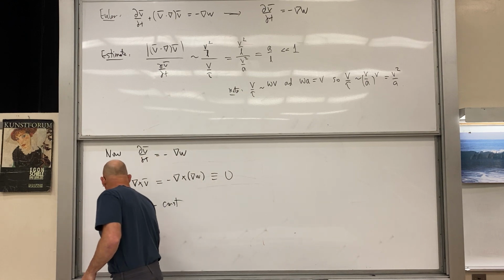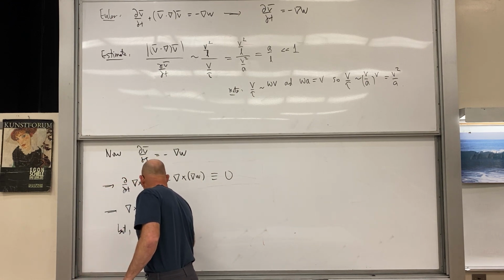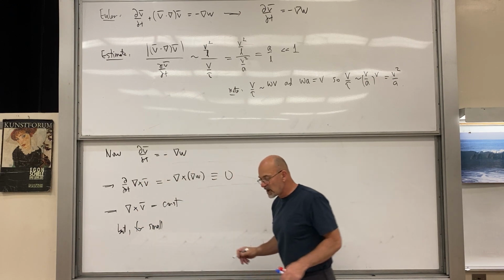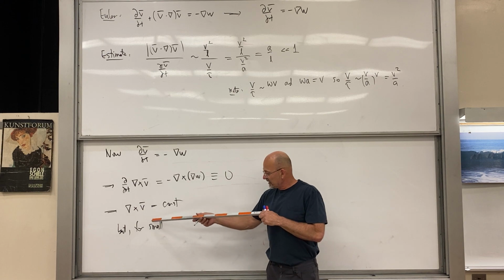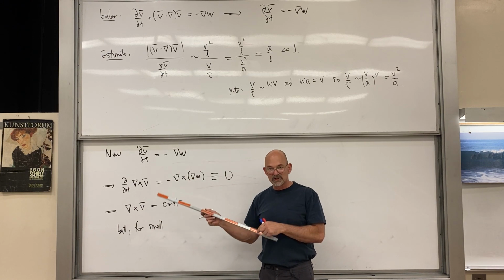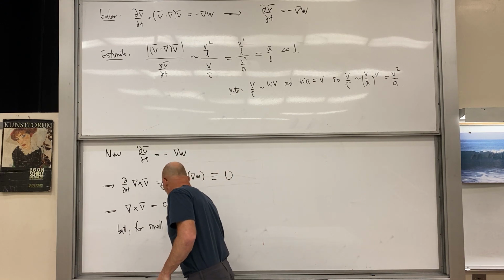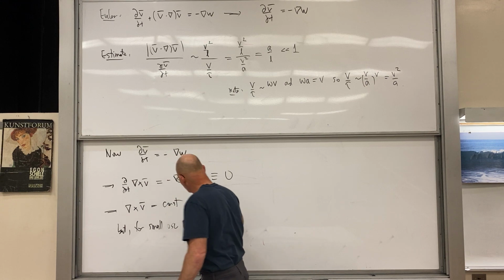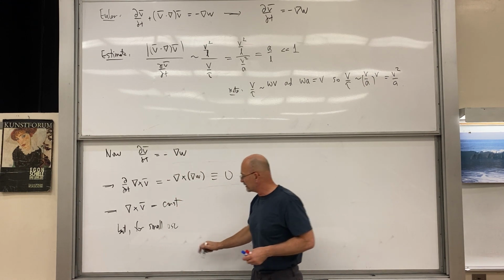But for small oscillations, the time average of the velocity will vanish. The time average vanishes for small oscillations, and therefore we can say, well, that may very well be a constant, but that constant is equal to 0. So that's the argument.